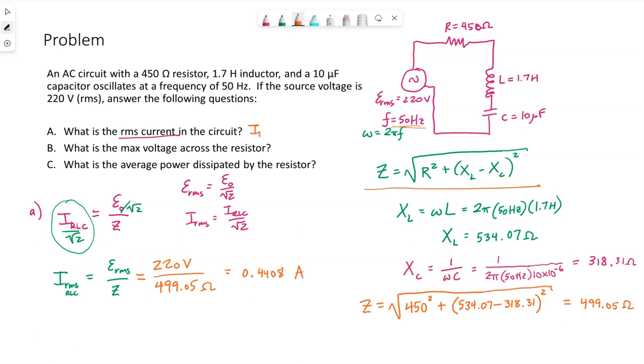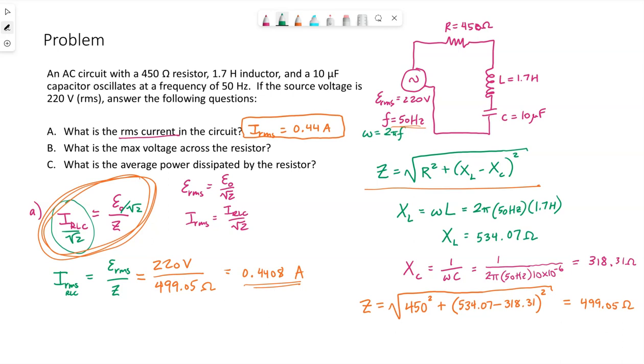So the I RMS in this circuit is 0.44 amps. The problem itself gives me at best 2 sig figs, so that's what I will round my answer to. In the next 2 steps though, I'm going to use this answer that has a few more digits just to minimize rounding error. Okay, so the current versus voltage in an RLC circuit, we always want to use Z, the impedance.